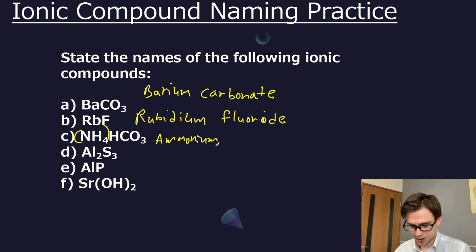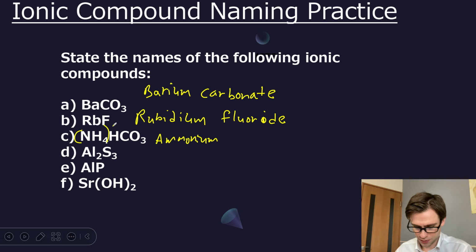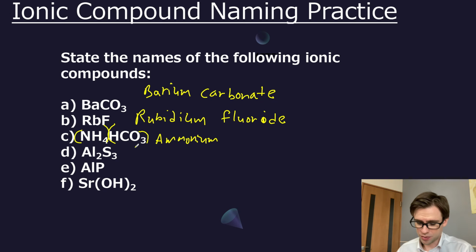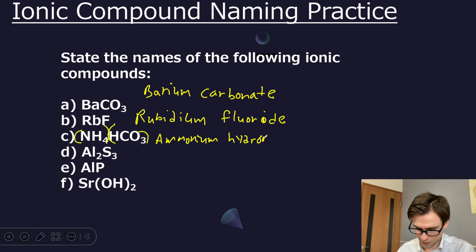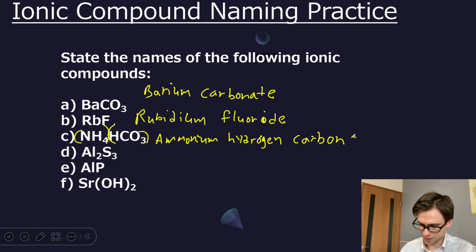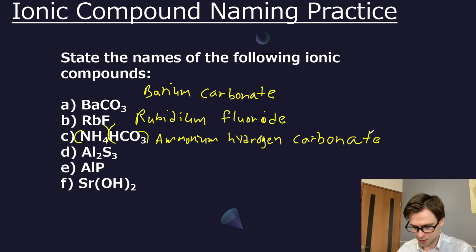And then we've got an HCO3 group. You can also see that on my previous slide as the anion. That's hydrogen carbonate. So the word hydrogen represents the H, carbon represents the C, and then ate identifies that we have oxygen bonded to that anion. Ammonium hydrogen carbonate.